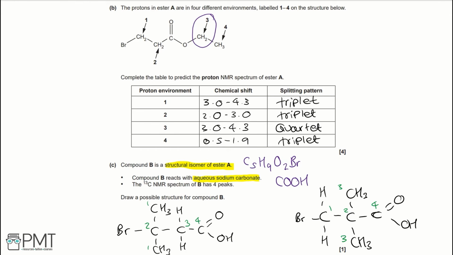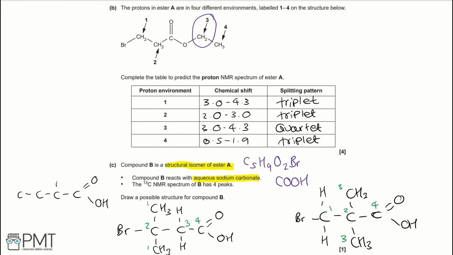Similarly, we could have a third possible structure, and we would have a 4 carbon chain. So we would have C, C, C, C. We would have a carboxylic acid group on our right-hand side carbon.